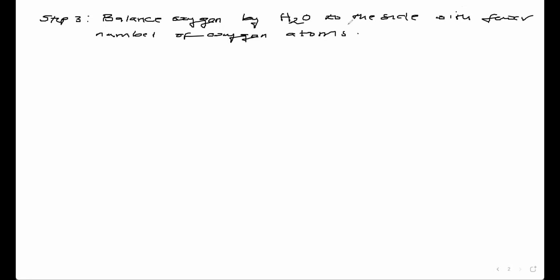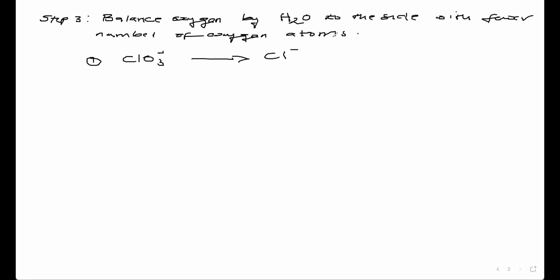Again, what does that mean? What that simply means is that you check which side has insufficient number of oxygen. So let's look at what we have as our reaction. In reaction 1, we have this, producing chlorine like that.